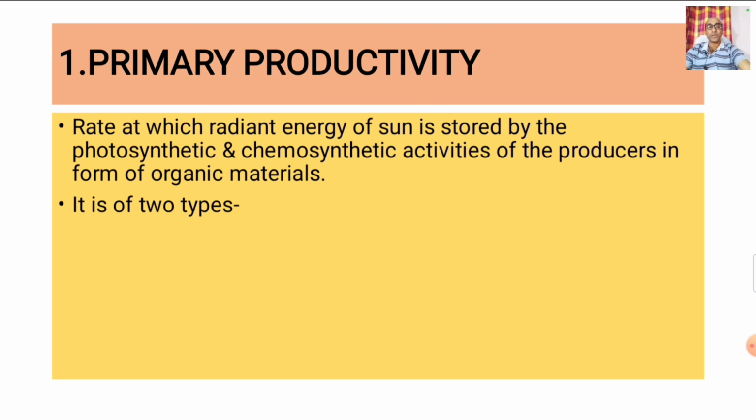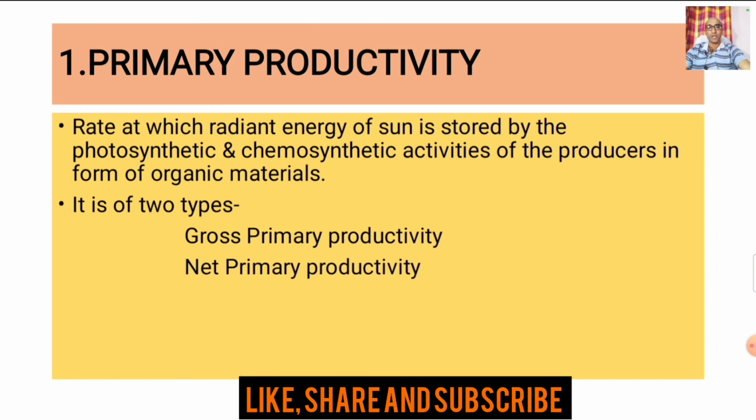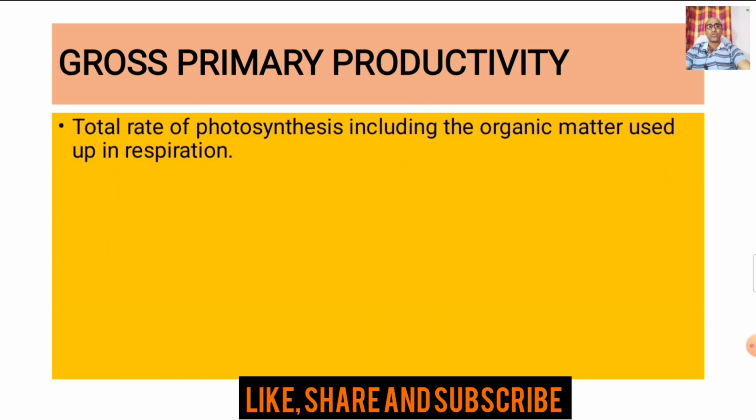Now primary productivity is of two types, that is gross primary productivity and net primary productivity. It is very easy. As far as gross primary productivity is concerned, it is the total amount of production at the producer level. That is, it is the total rate of photosynthesis. Production in case of a producer means the amount of photosynthesis.